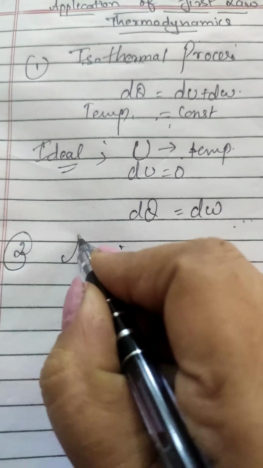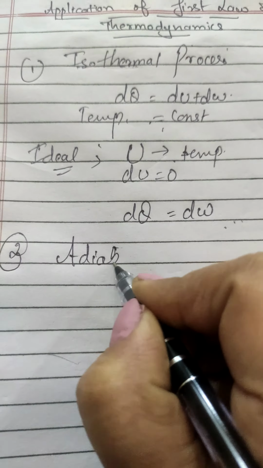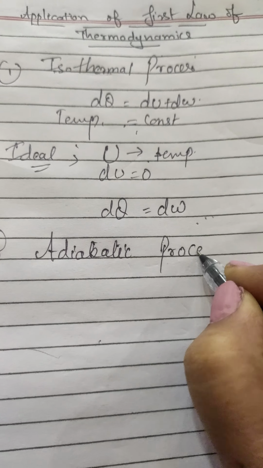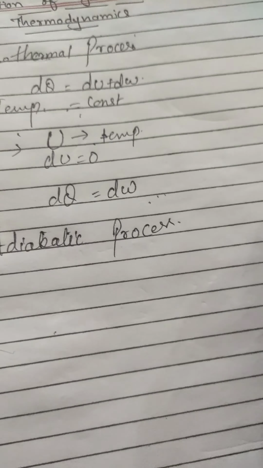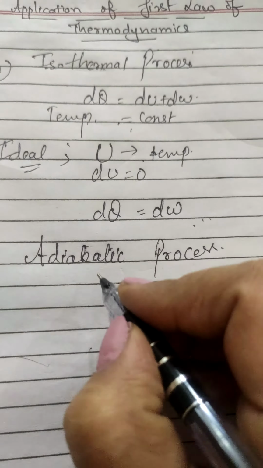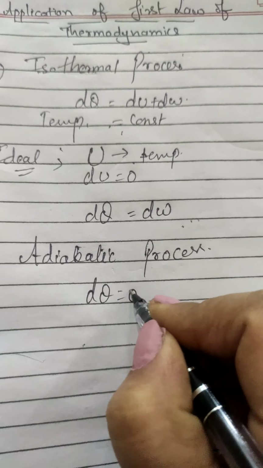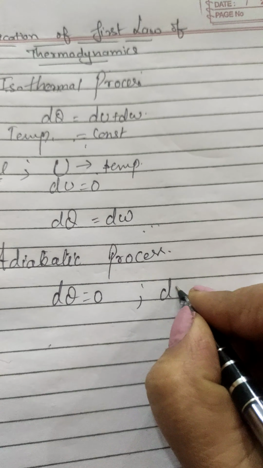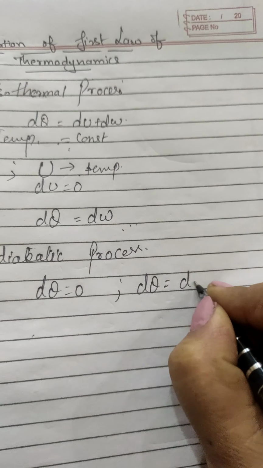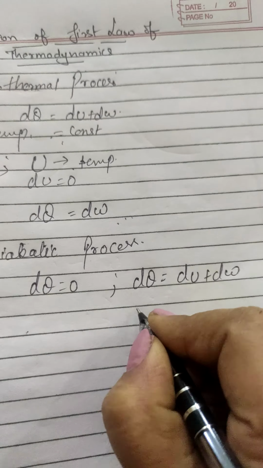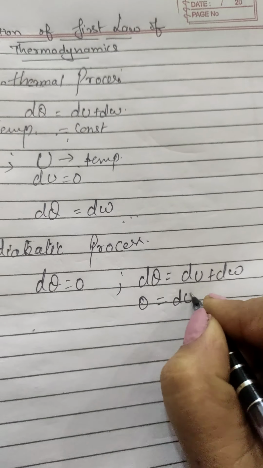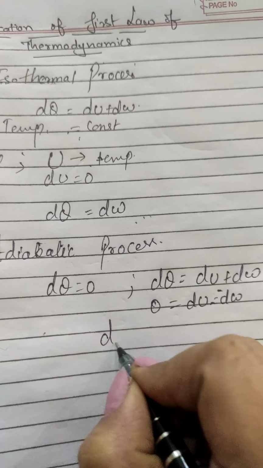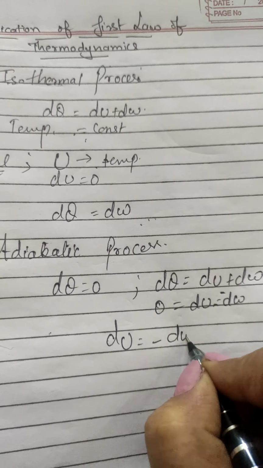Second is the adiabatic process. In adiabatic processes, no heat exchange takes place. Since no heat exchange takes place, dQ is equal to 0, meaning the change in heat energy is equal to 0. So from the first law of thermodynamics, dQ is equal to dU plus dW, since dQ is equal to 0, dU is equal to minus dW.